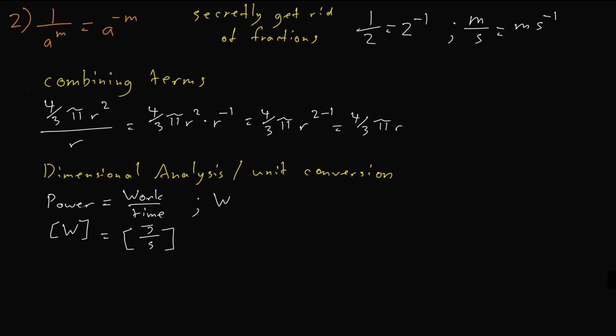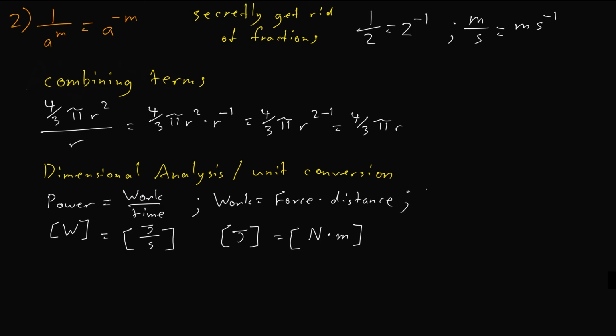Well, work is equal to force times distance, right? So the units of work or energy is joules, and that's equal to the units of force, which is newtons, times distance, meters, right? So this is another way of writing down a joule. It's a newton times meter.